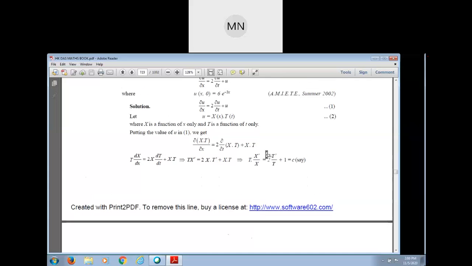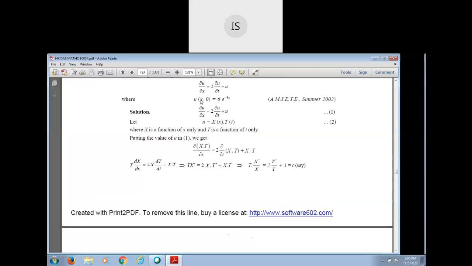First one, ma'am, in the equation. This one is a condition, which is given. This is not the solution part. This is given in the original equation.